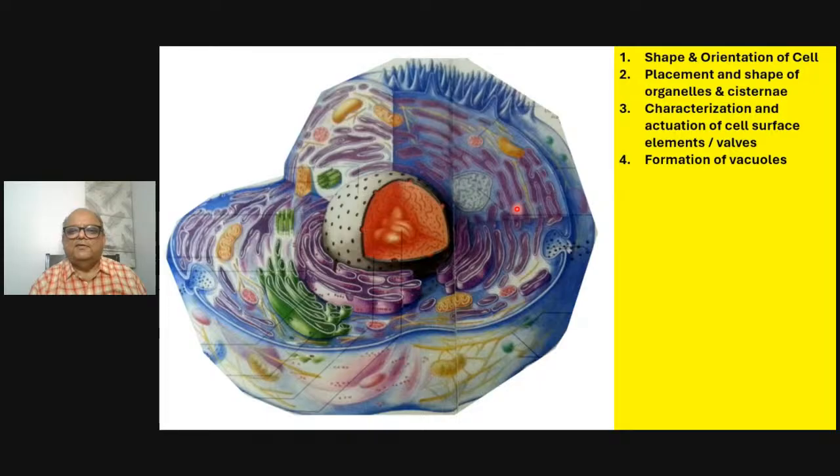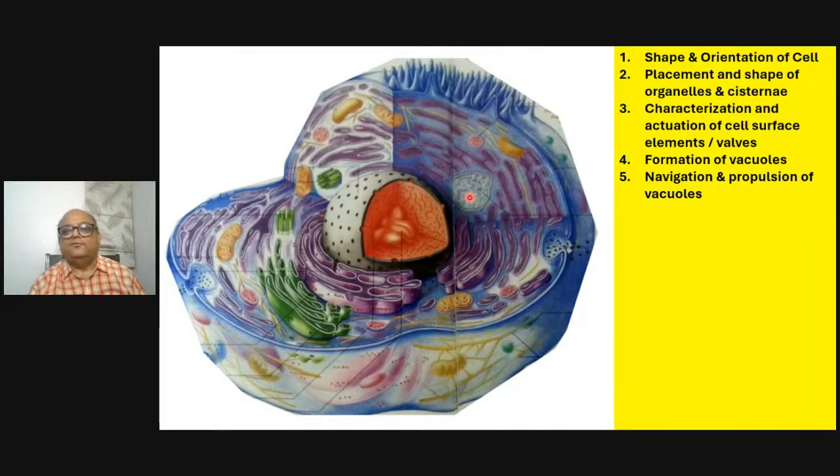So formation of vacuole. Now, what was taught to us in high school is that okay, the food vacuole is there, it moves inside. Then from inside somewhere there is another vesicle which is filled with lysozyme. And lysozyme is a very corrosive enzyme which comes and it coalesces, it merges into the food vacuole, and thereby it digests the food.